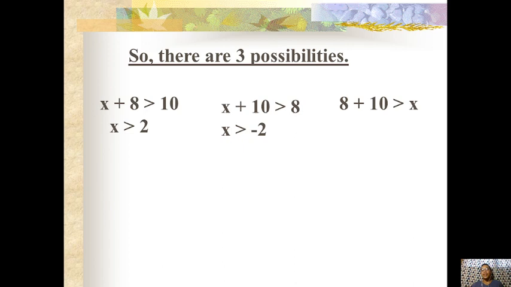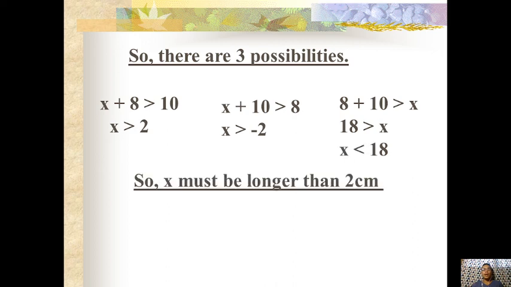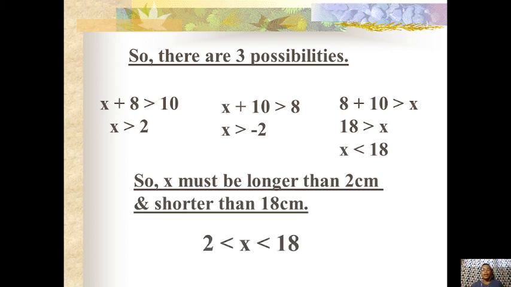So 18 is greater than x, or x is less than 18. So x must be longer than 2 centimeters and shorter than 18 centimeters. Therefore, x is greater than 2 and less than 18. That's all.